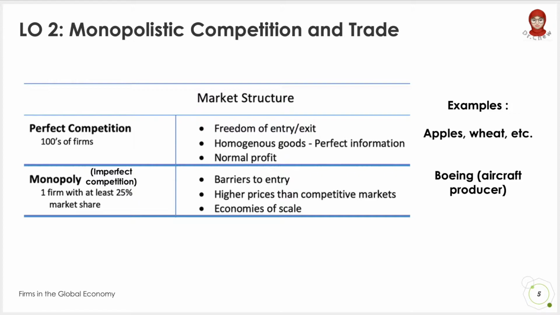Or to put it another way, Boeing knows that if it wants to sell more airplanes, it can do so only by significantly reducing its price. In imperfect competition, then, firms are aware that they can influence the prices of their product and that they can sell more only by reducing their price.